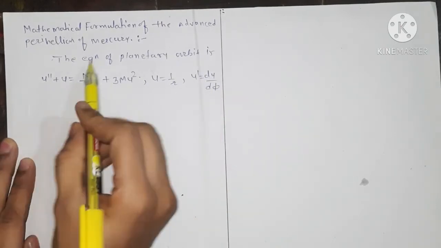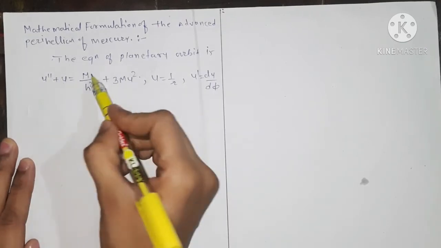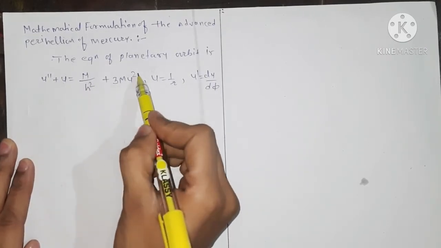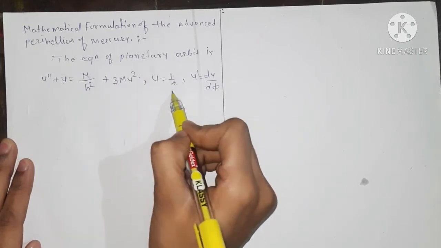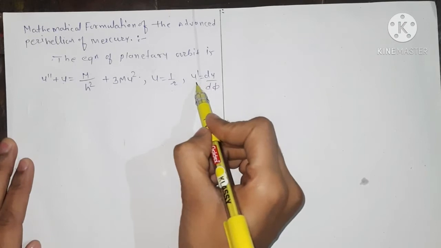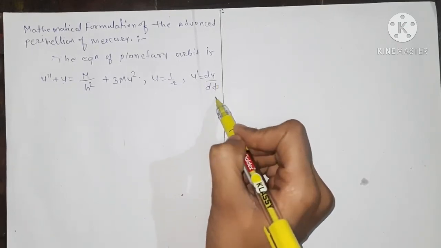As we have seen in the last lecture, u is taken as the radial coordinate, which is the reciprocal 1 upon r, and u dash, the derivative with respect to the phi coordinate, is du upon d phi.